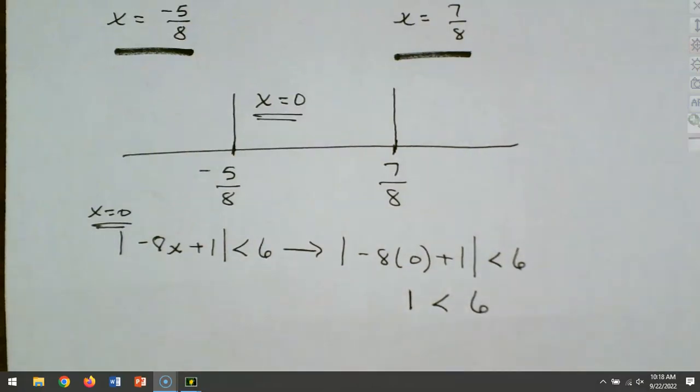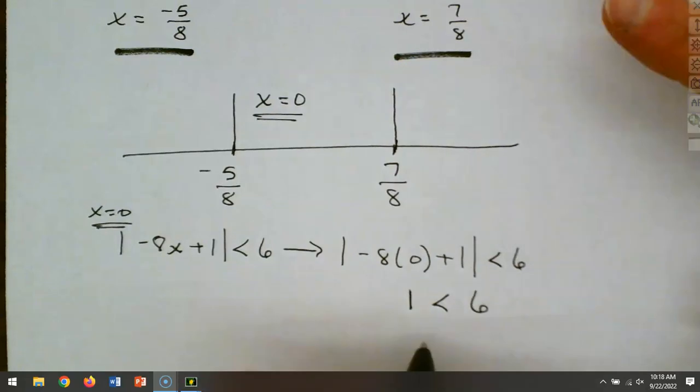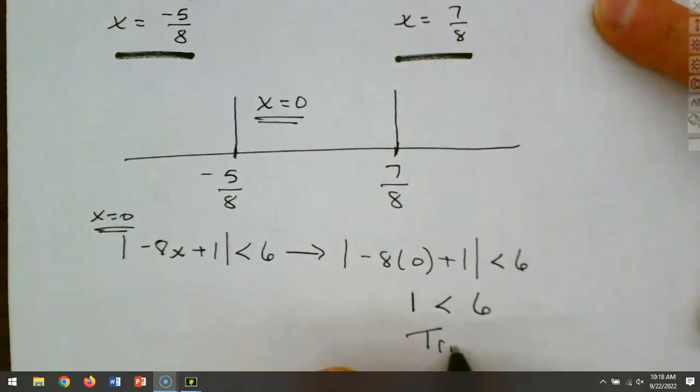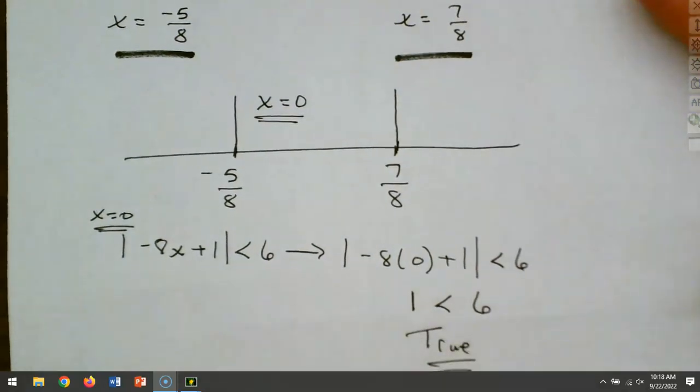And is 1 now going to be smaller than 6? Is that true or is that false? Is 1 smaller than 6? True or false? In this case, it would be what? True, wouldn't it? Right? Because it's true.